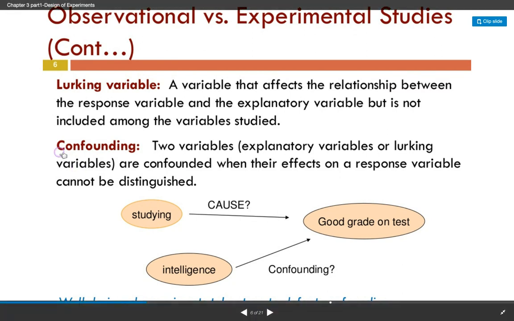So that's where we just use the word confounding, because we don't want other stuff to confound our results. We only want one thing affecting our results. In lurking, you can have many lurking variables, and sometimes you know what they are, sometimes you don't. Sometimes you think there's something going on, but really there isn't, because you have lurking variables.